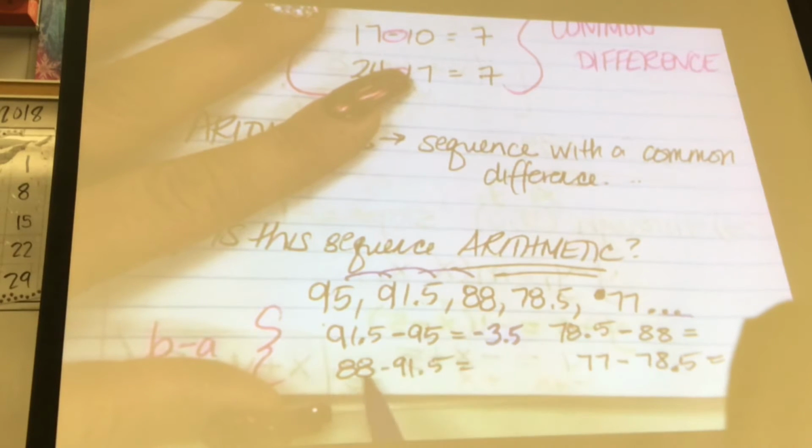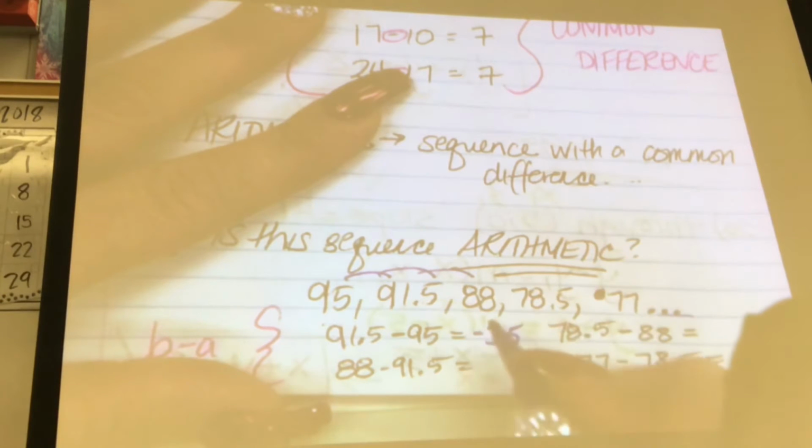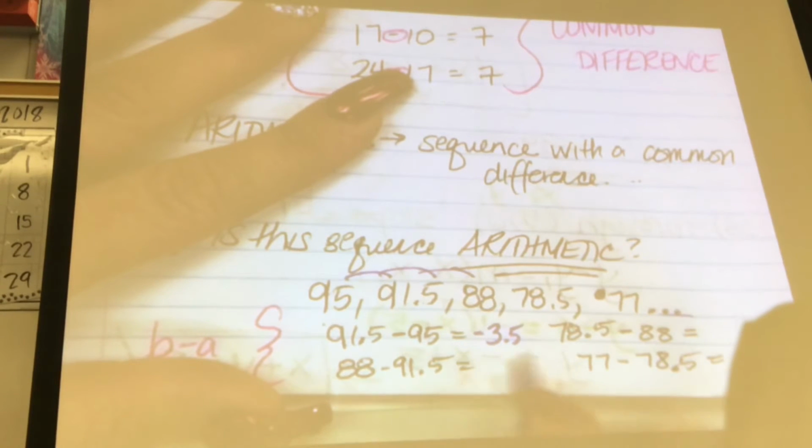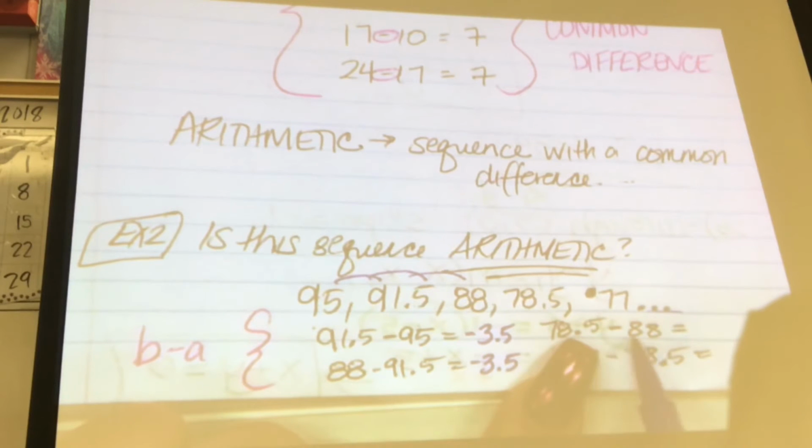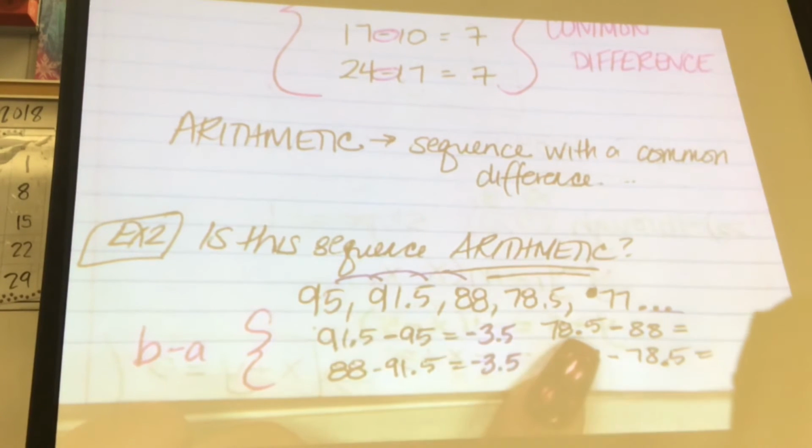Moses, what'd you get for 88 minus 91.5? Yep, good job. Jeremiah, 78.5 minus 88? Do it on the calculator.